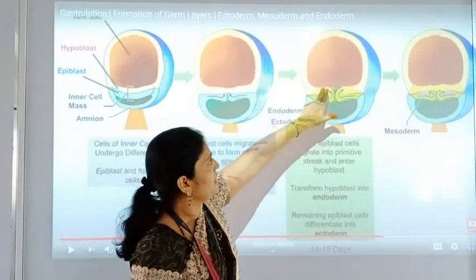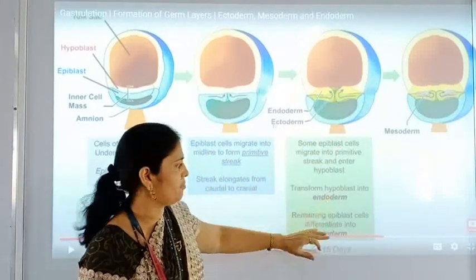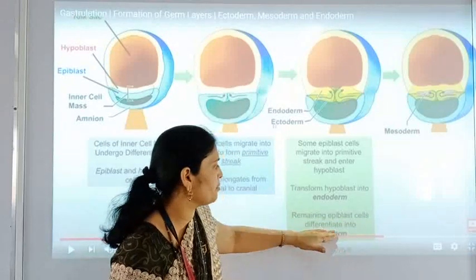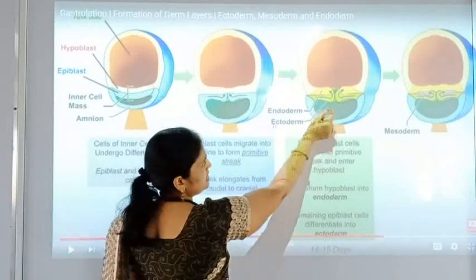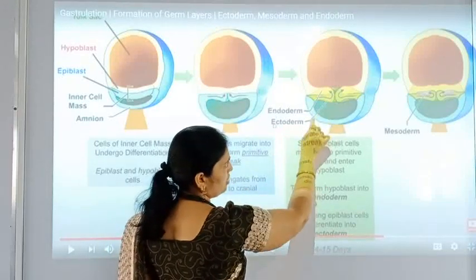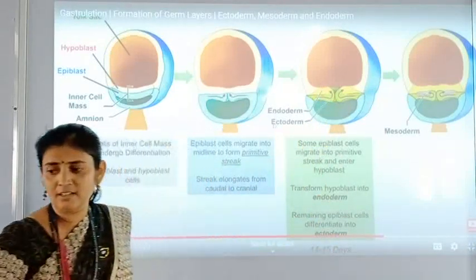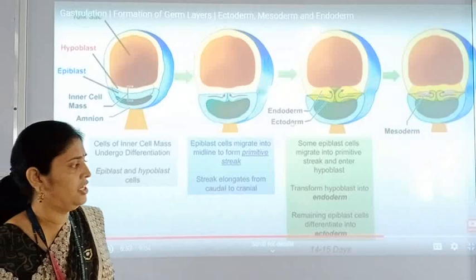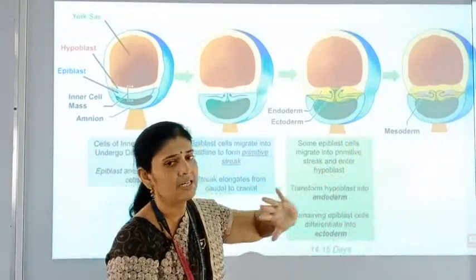The remaining epiblast cells differentiate into ectoderm. So the epiblast forms the ectoderm as well as the endoderm, and the middle part forms the mesoderm layer that is shown in the last diagram.